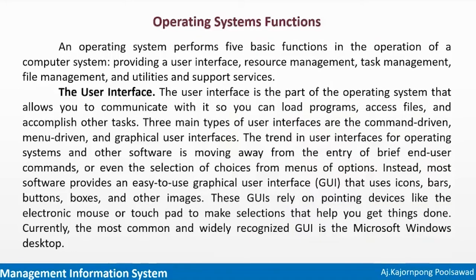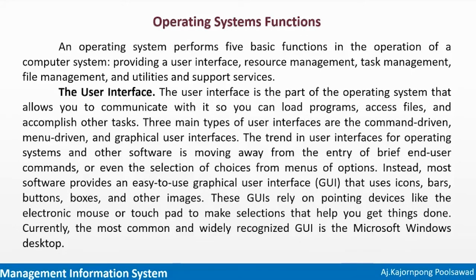Okay, so the operating system function, the user interface. The interface is a part of the operating system that allows you to communicate with it, so you can load programs, access files, and accomplish each task that you want to do.